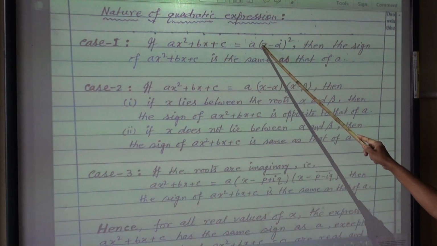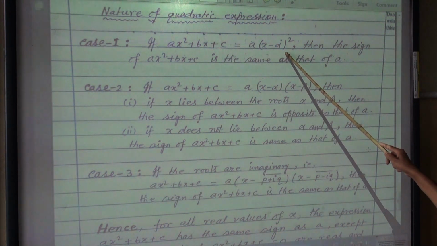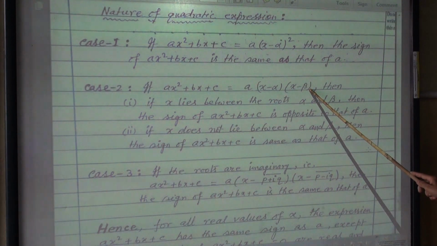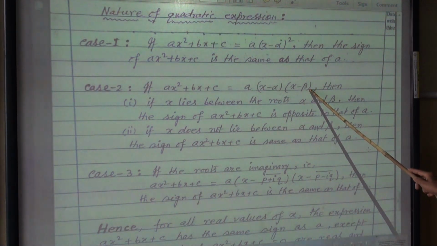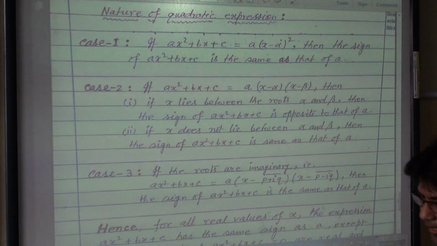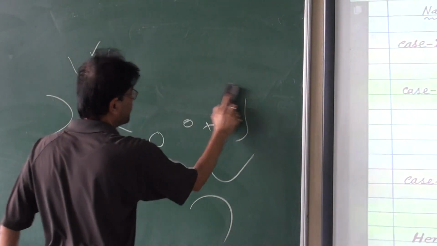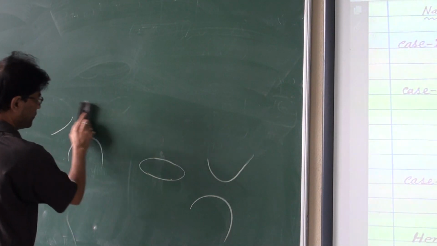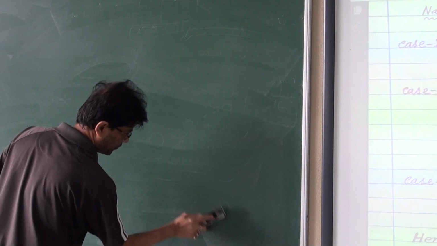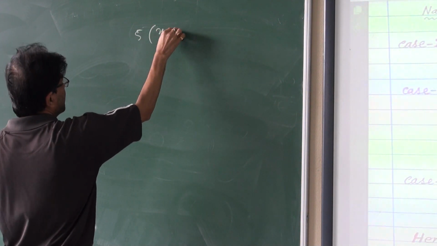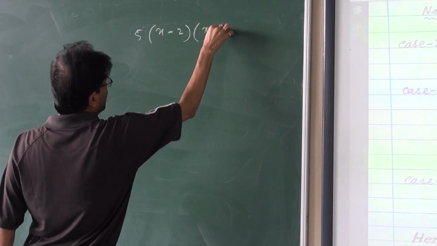But if it is not possible to express it as something whole square, suppose we factorize, you will get x minus alpha into x minus beta. And if x lies in between alpha and beta, suppose the expression has come 5 into x minus 2 into x plus 3.